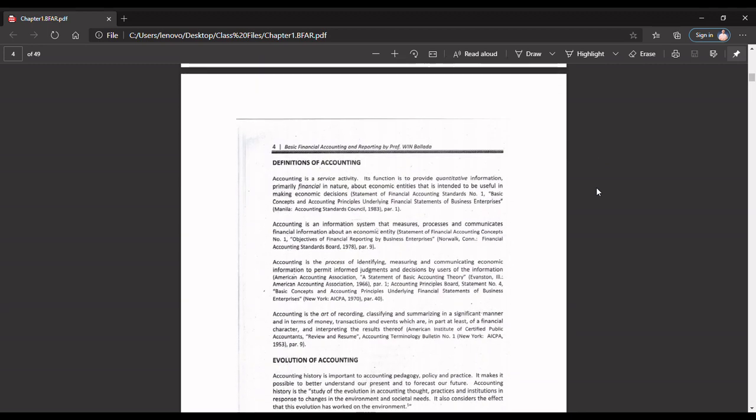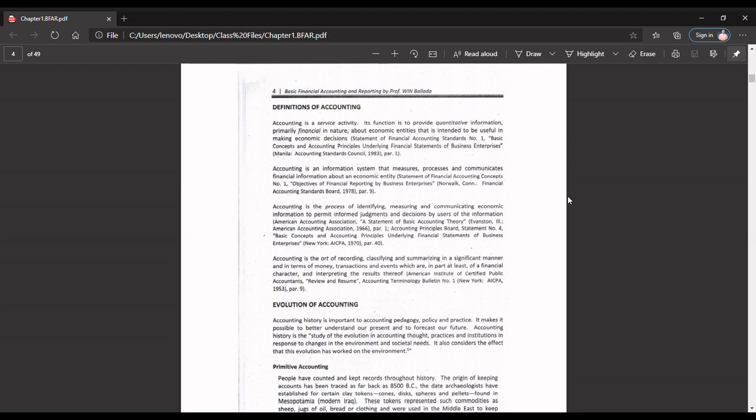So, what is the definition of accounting? Accounting is a service activity. Its function is to provide quantitative information, primarily financial in nature, about economic entities that is intended to be useful in making economic decisions.